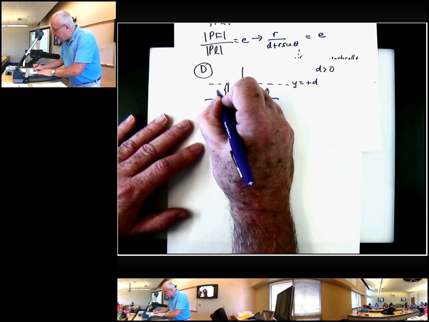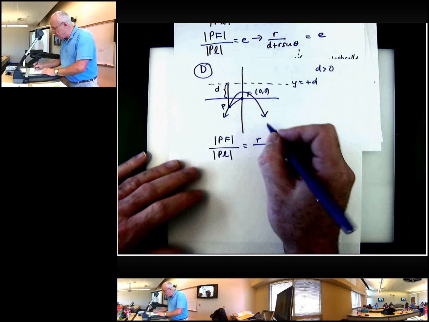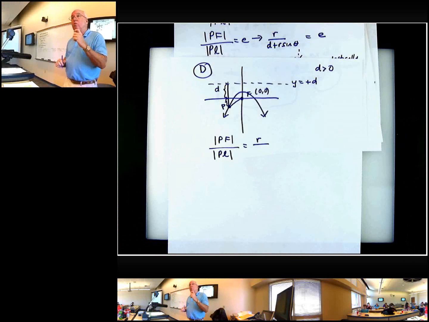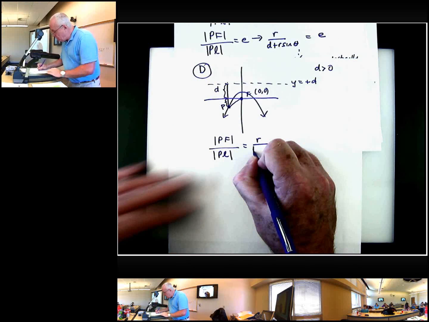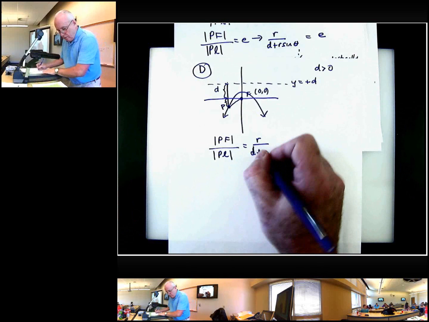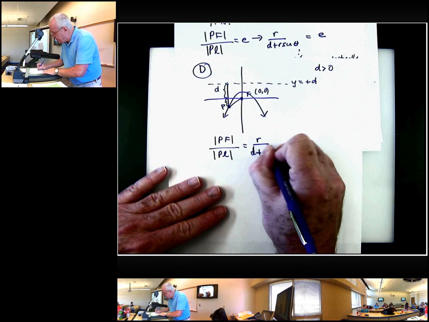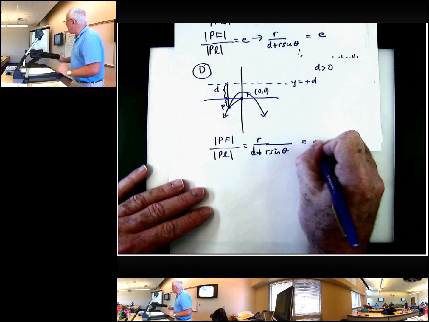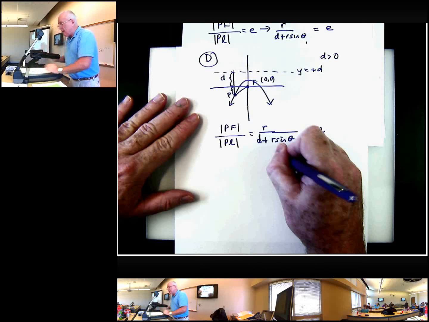First of all, we've got the D distance from the x-axis up to the directrix, and then we have this other portion down here, which is the y-coordinate. So this distance PL is again going to be D plus R sine of theta, like that, and all of that equals E, our eccentricity. So again, dot, dot, dot, do the algebra.